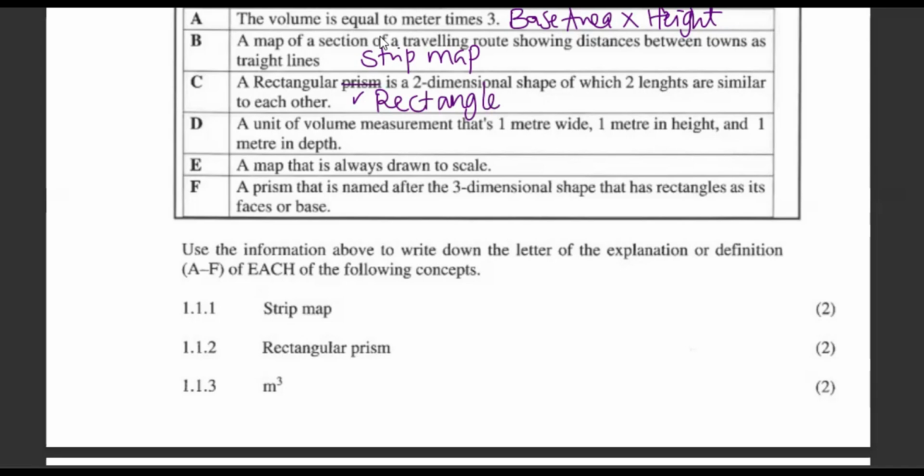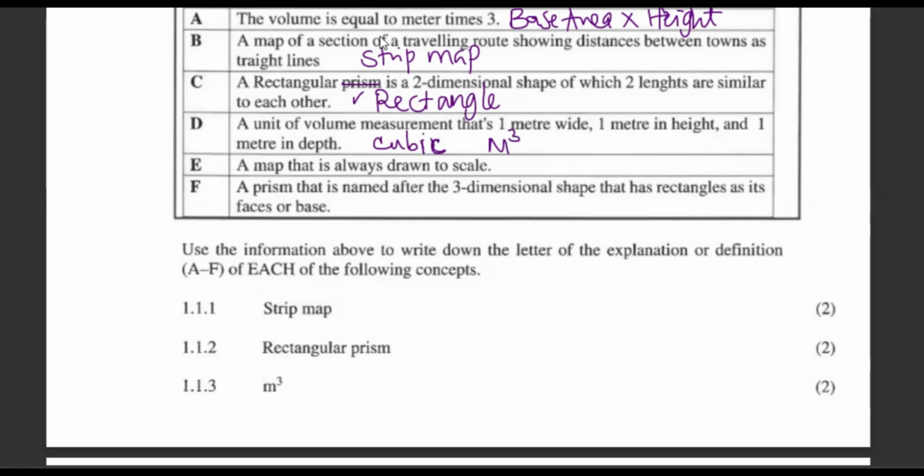A unit of volume measurement that is 1 meter wide, 1 meter in depth. What do we call it? It's a cubic, right? It's volume, meters cubed.